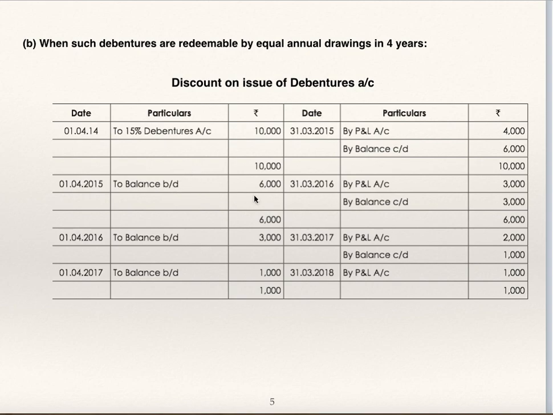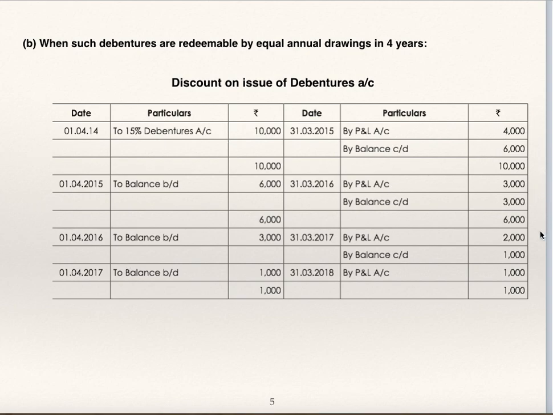Second year, to balance brought down 6,000, by profit and loss account 3,000, by balance carried down 3,000. Third year, to balance brought down 3,000, by profit and loss account 2,000, by balance carried down 1,000. Next year, to balance brought down 1,000, by profit and loss account 1,000, the account will get closed.